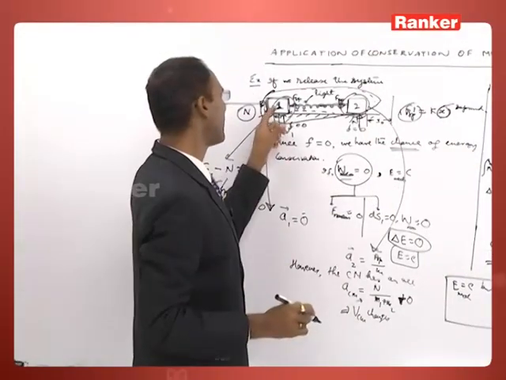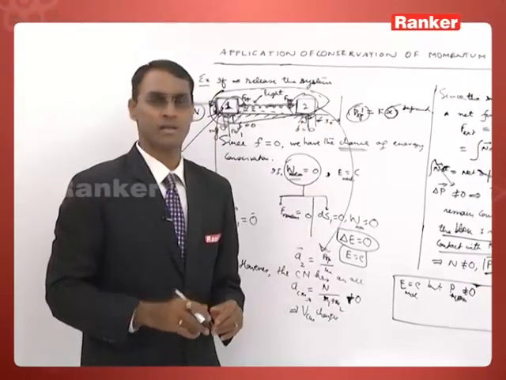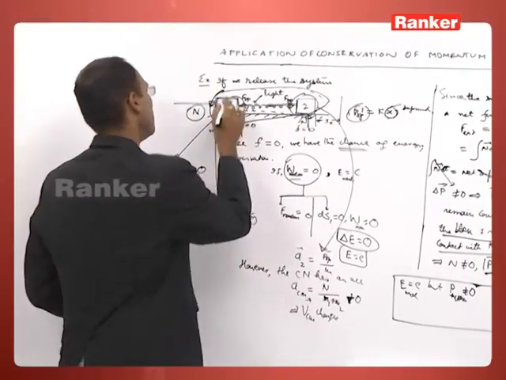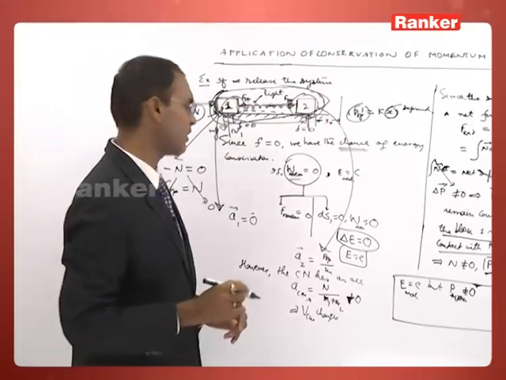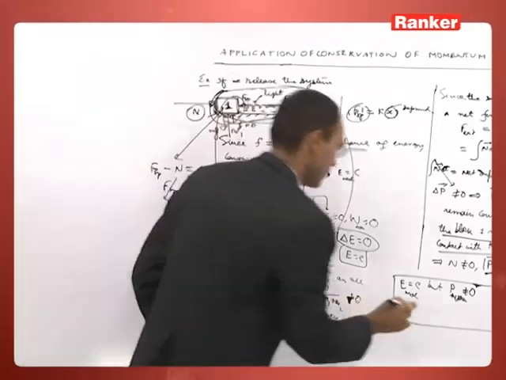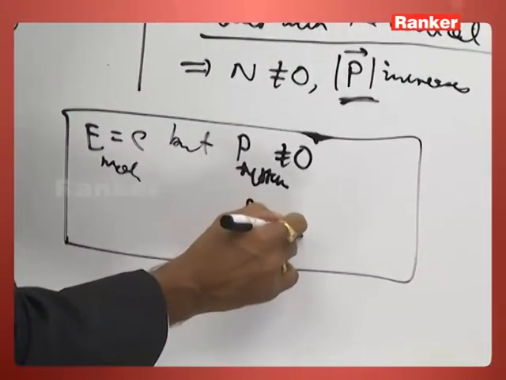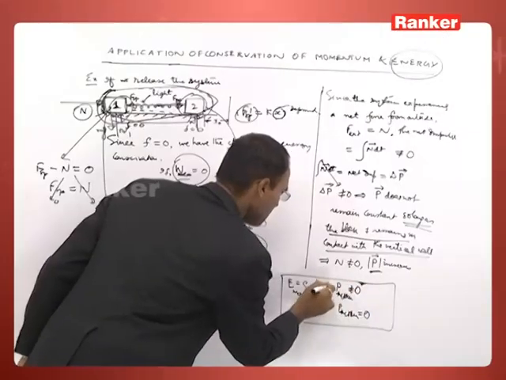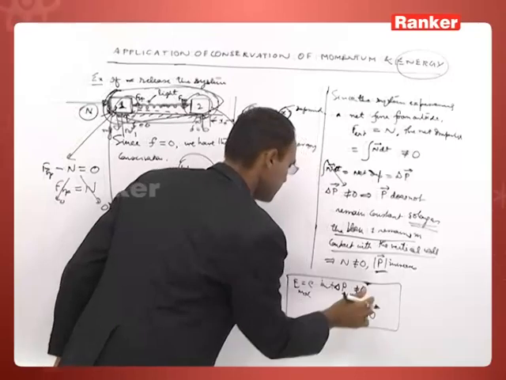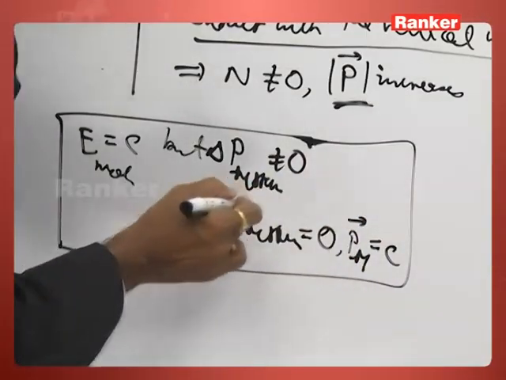When the normal reaction vanishes, block 1 will lose contact, and thereafter the net force acting on the system will be exactly equal to 0. Hence, the momentum of the system does not change, or we can say the momentum of the system remains conserved.